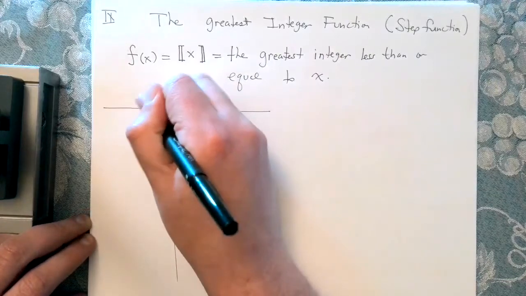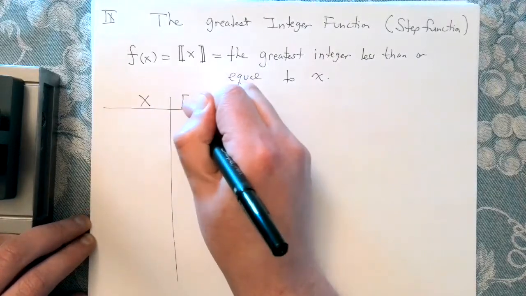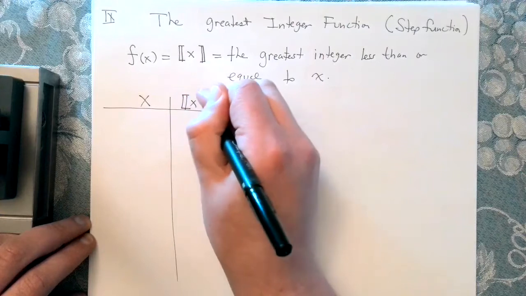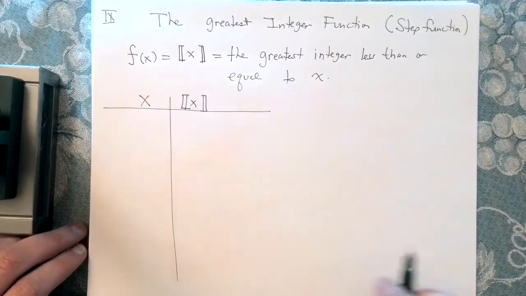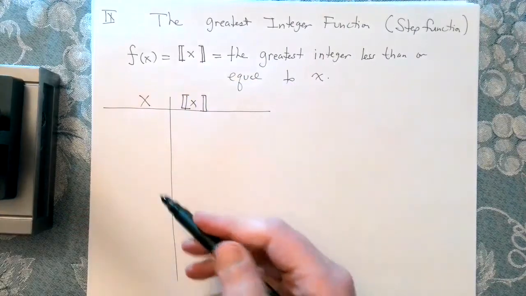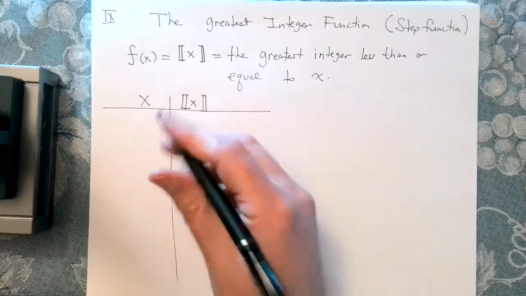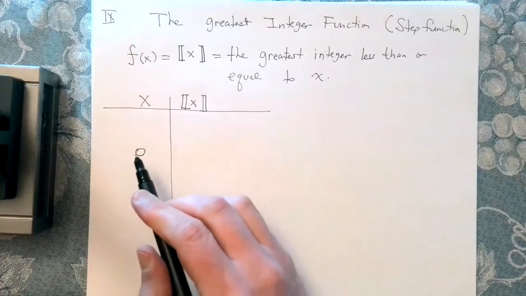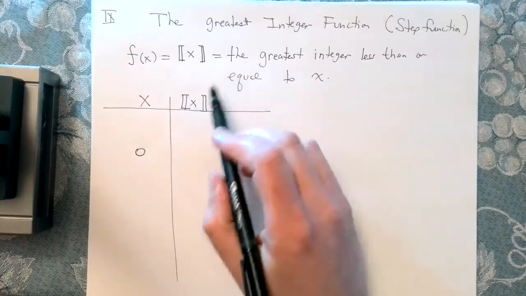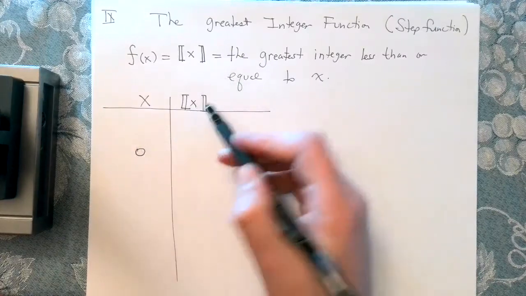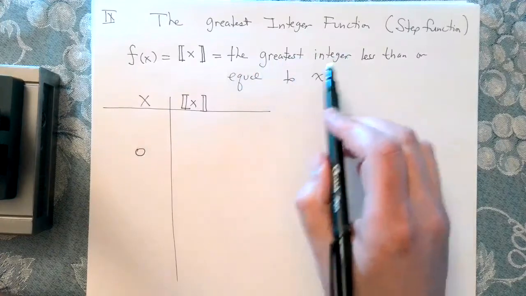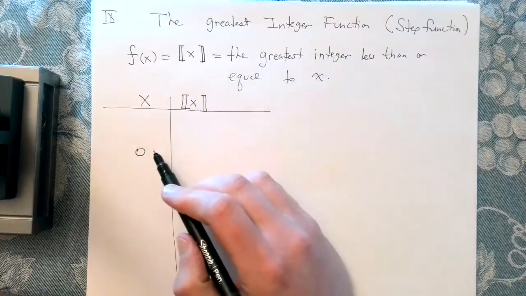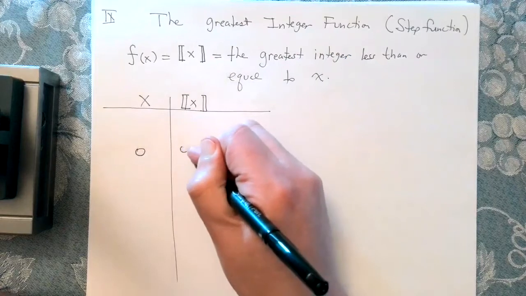So here's the input, and then the output will be the greatest integer of x. So I'm going to give myself a little bit of room here. So let's start with 0. If I input 0, what's the biggest integer less than or equal to 0? Well, that's 0.